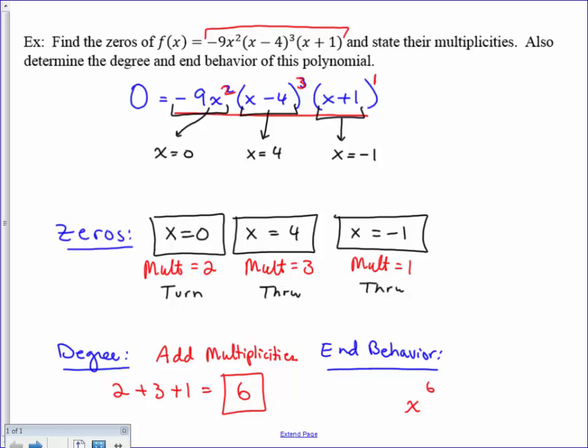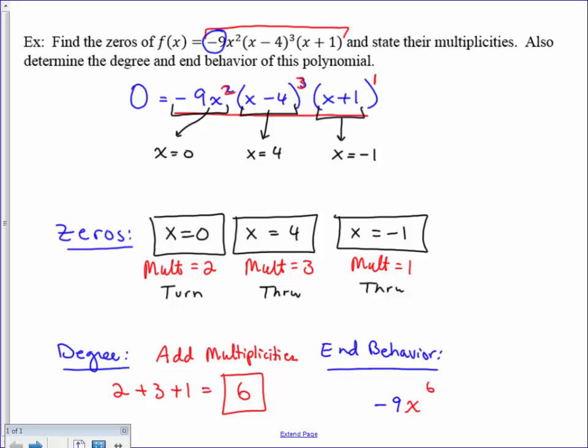Then the only thing that we really need to know is, do we have a negative or a positive in front of that x to the 6th? Well, look here, and you'll see that we have a negative 9 in the very front of this entire expression. So all we need to know is that there's a negative in the front.